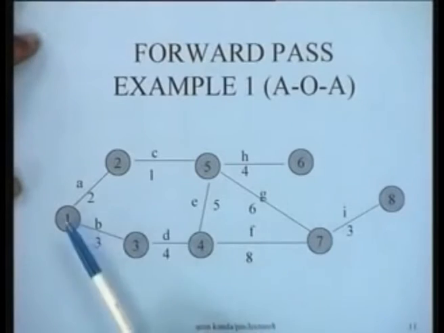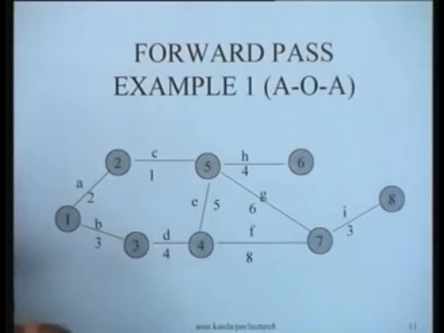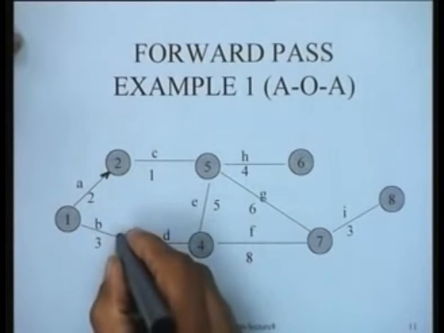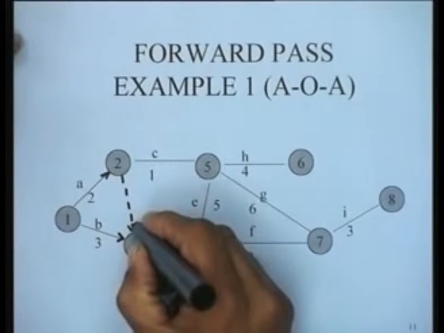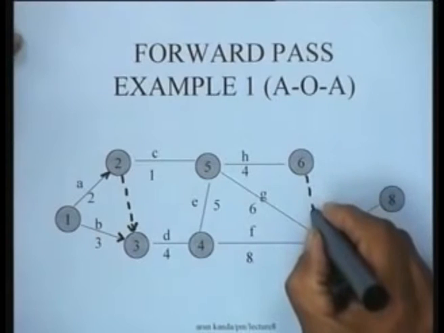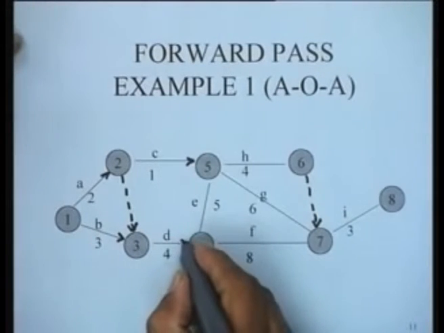We have the nodes numbered according to Fulkerson's rule, and we would like to do the forward pass. Now in this particular network, remember, there is a dummy node here, and then a dummy activity here, and the various activities are as shown.